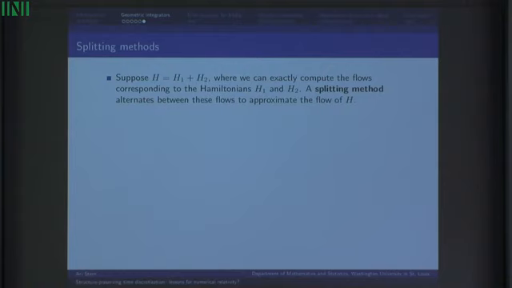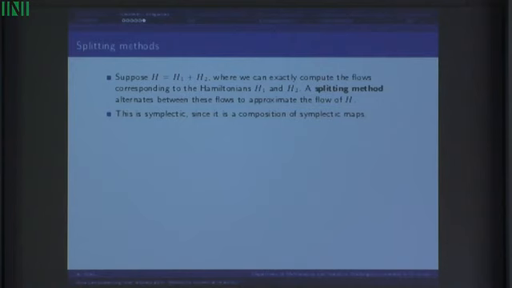And suppose that I don't know how to integrate this Hamiltonian system with H exactly, but I do know how to integrate each of these subsystems exactly. The idea of a splitting method is I approximate the flow corresponding to H by alternating back and forth between the flows for H1 and H2, which I actually can compute. Since this is a composition of Hamiltonian flows, it's symplectic.